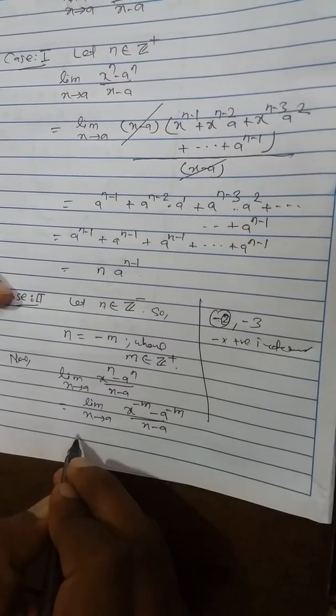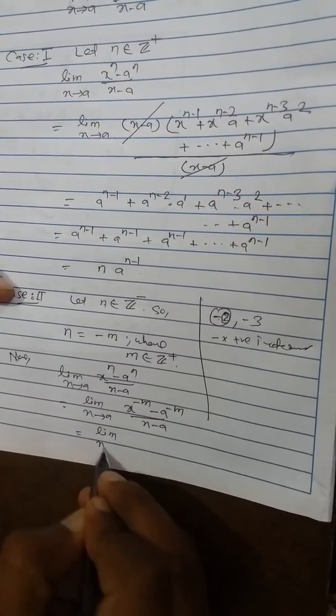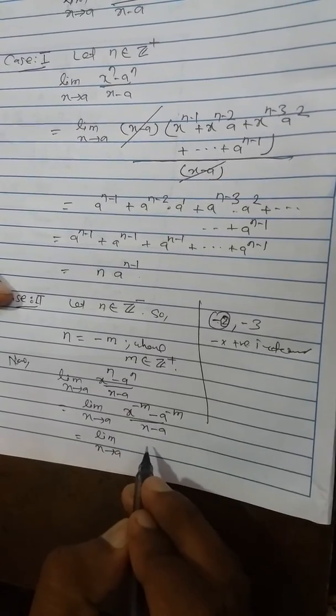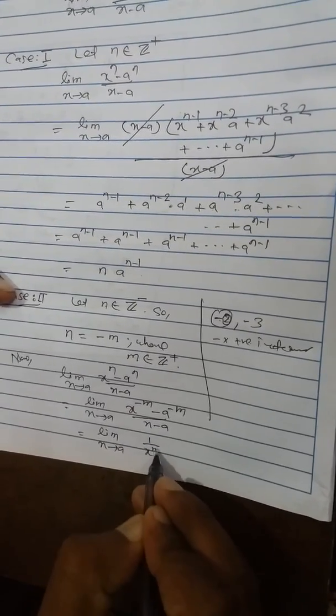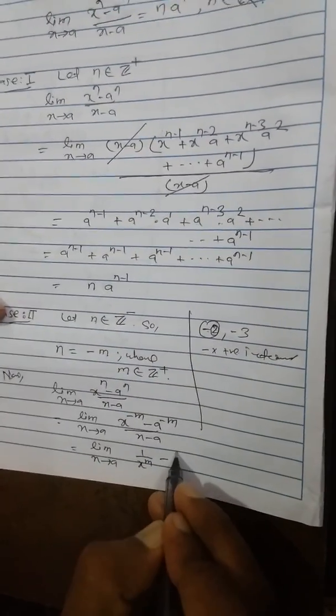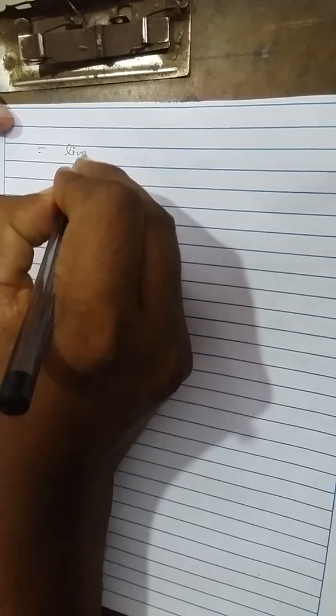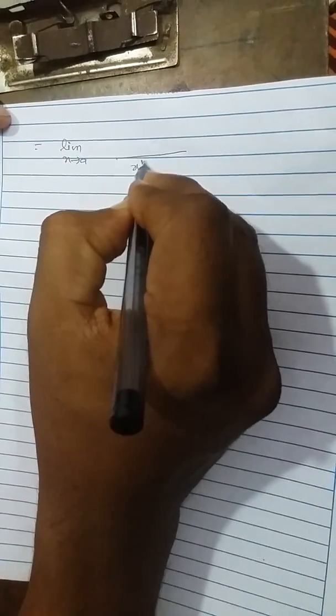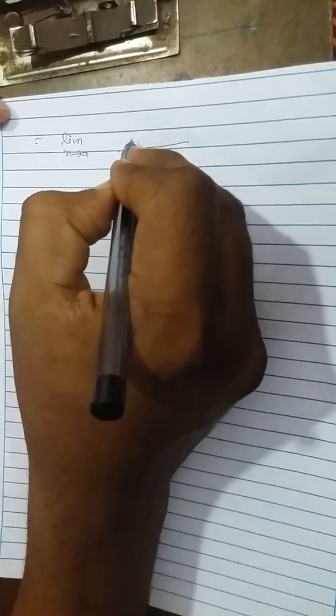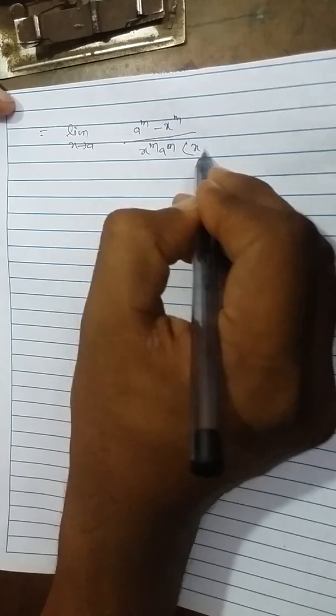By the rule of indices, this can be written as limit x tends to a, where x to the power minus m can be written as 1 upon x to the power m, and a to the power minus m can be written as 1 upon a to the power m, divided by x minus a. Here we are taking the LCM. x to the power m into a to the power m will be the LCM. In the numerator it is a to the power m minus x to the power m, divided by x minus a.